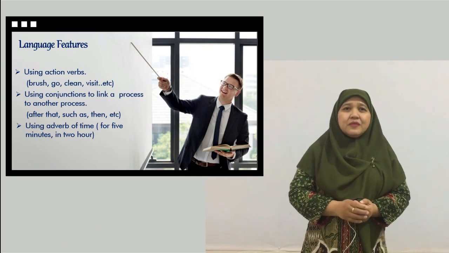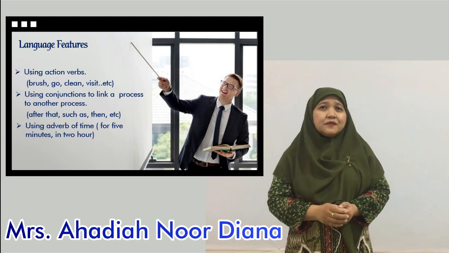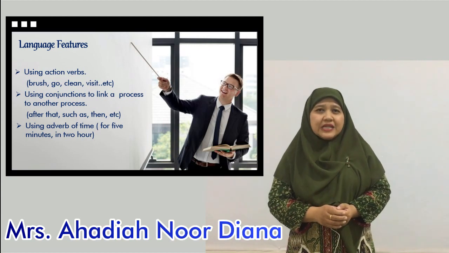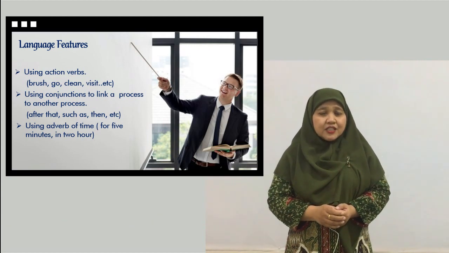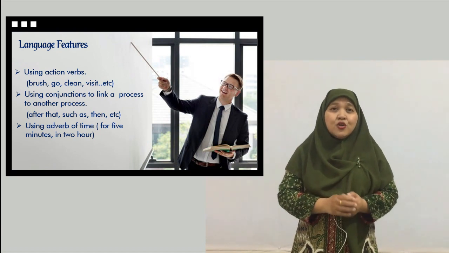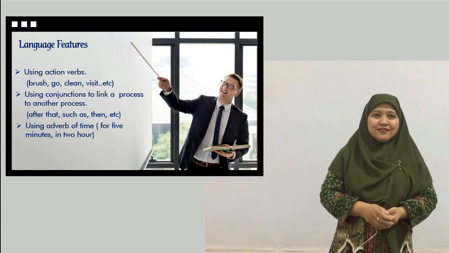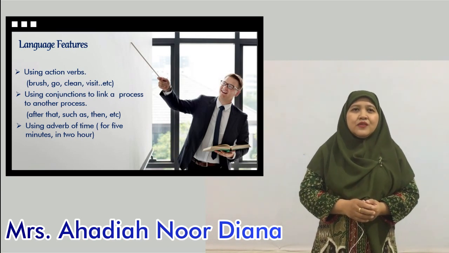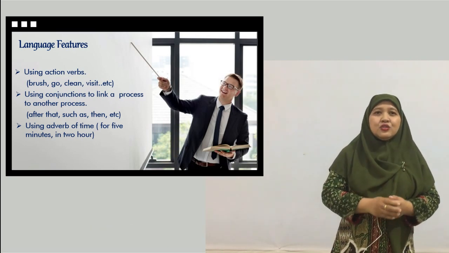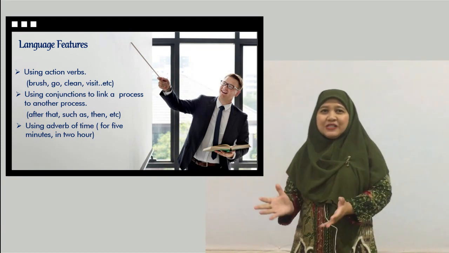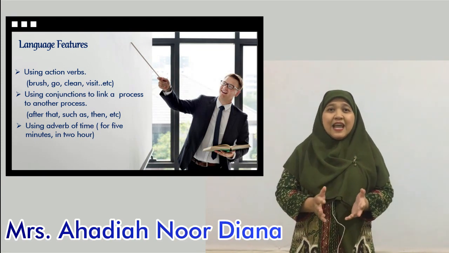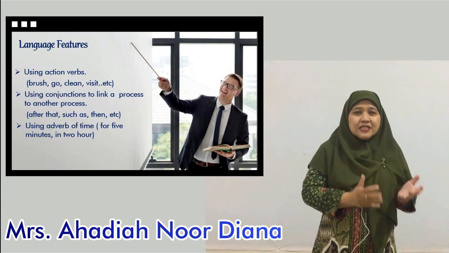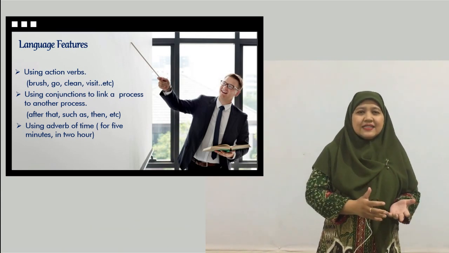An action verb is a verb that expresses a physical or mental action, such as brush, go, clean, visit, and so on. We also use conjunctions to link one process to another, such as after that, then, and so on.